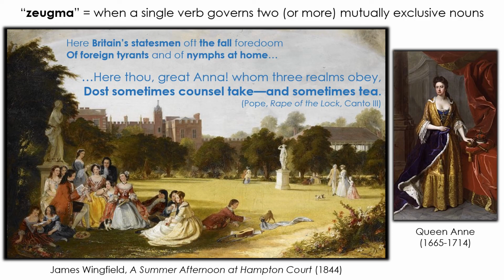So through this use of Zeugma then, Anne takes both counsel and tea in the same place. So the same person does this one thing of high epic grandeur and this other trivial thing in the same place. Pope combines the serious, the epic and the trivial in one figure, and perhaps emphasizes the innate mock-epic state of any human action, and indeed the mock-epic state of the human condition generally.